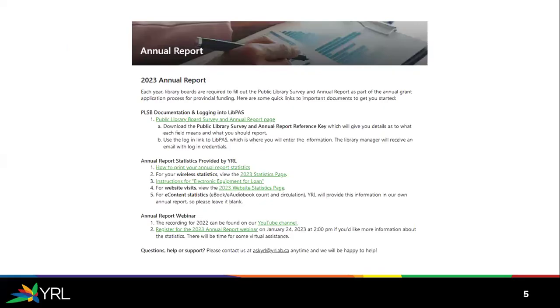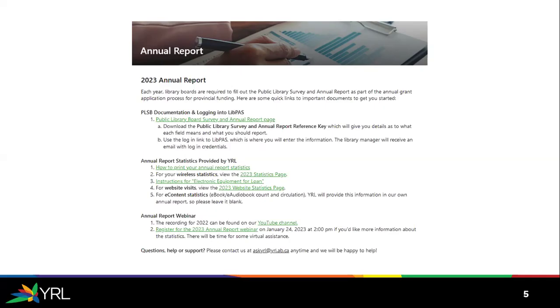So this is what the annual report page looks like on the intranet. This is our annual report resource. This image shows 2023, but if you visit the intranet page, it's already been updated this year with all of the 2024 information and links. At the top there, you can see the links to the PLSB website.